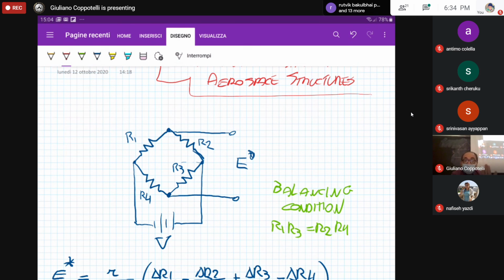When I say that there is just one active leg, I mean that there is just one strain gauge operating. So we have one strain gauge, RG, and R2, 3, and 4. Otherwise, there would be no Wheatstone bridge at all. I hope that is clear.